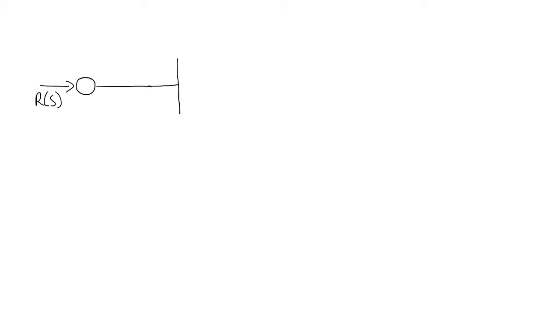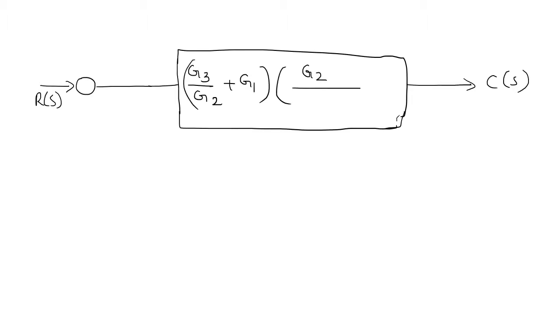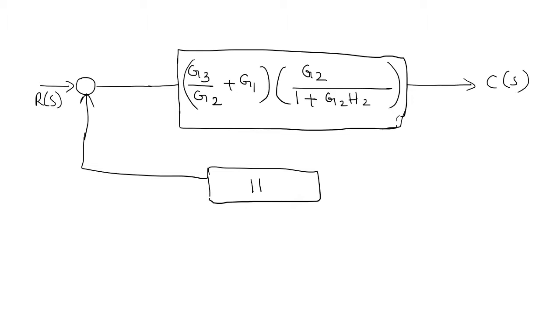Now instead of 2 blocks, we will have one single block, which is the product of the two transfer functions we already obtained, that is G3 by G2 plus G1, into G2 divided by 1 plus G2 H2. This is one block, and our feedback path is H1. The sign over here is negative.